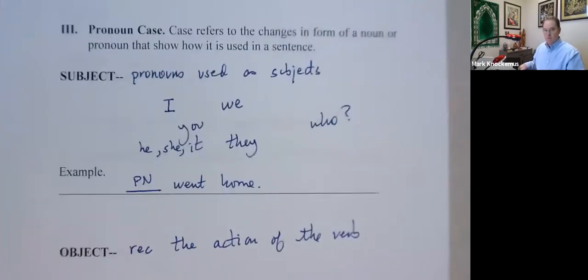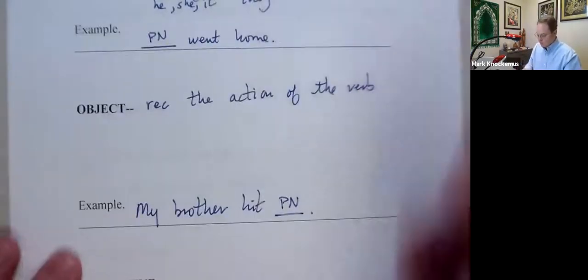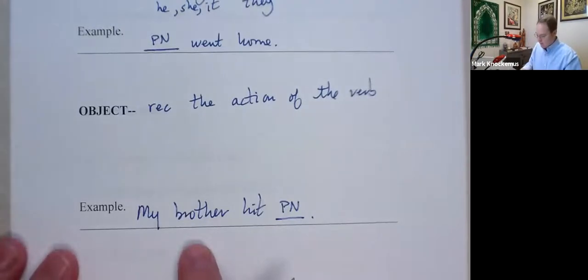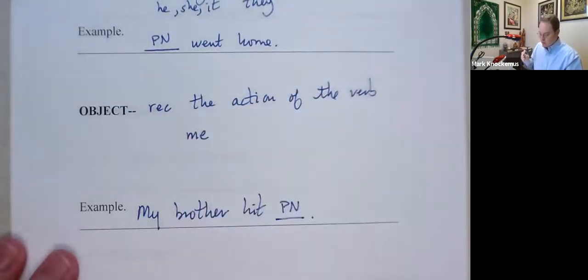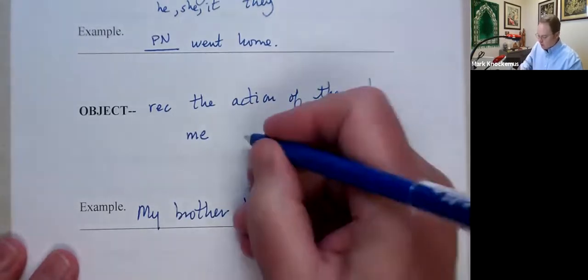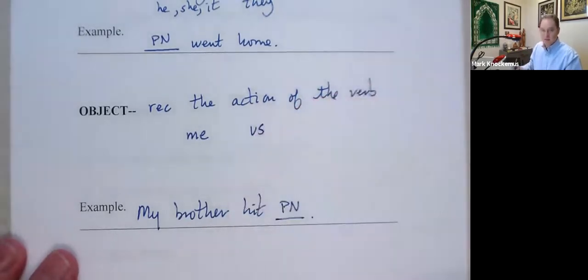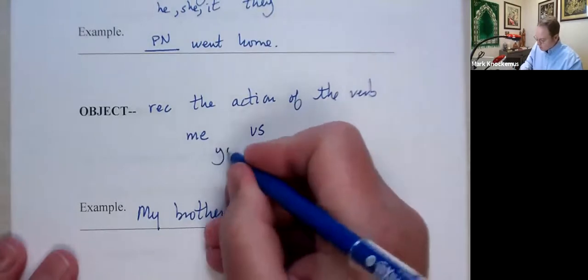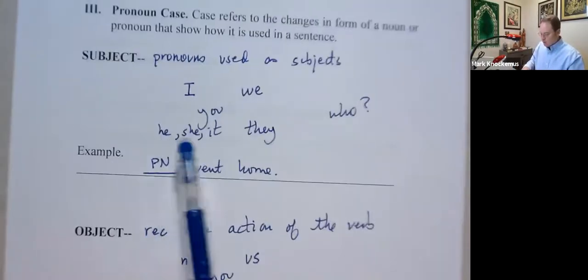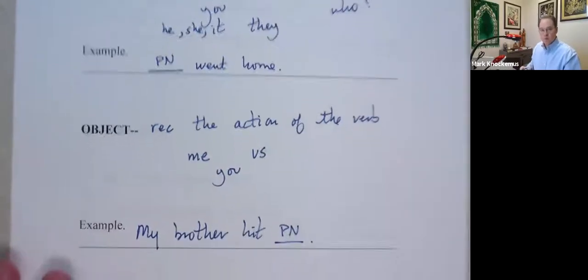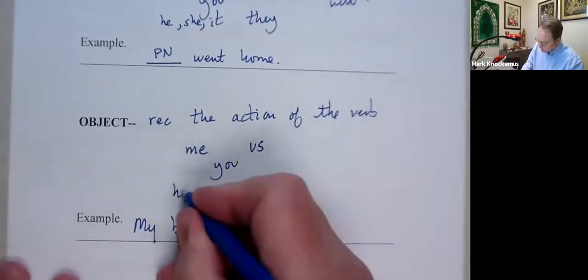What's going to happen? You're going to see some changes. You wouldn't say my brother hit I, but my brother hit me. You wouldn't say my brother hit we, but my brother hit us. The cool thing about you is it stays the same. But what about these? My brother hit him.